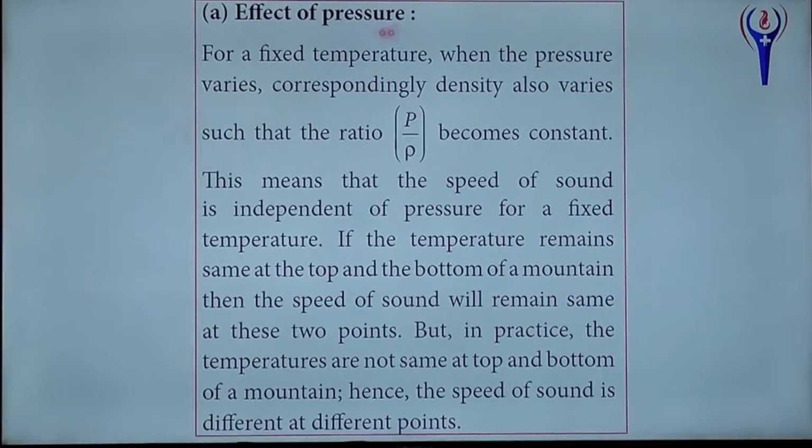Note down, velocity of sound is independent of pressure. How is it possible? When pressure increases, density also increases, so P by rho remains constant. So, no effect of pressure on velocity of sound in air medium.